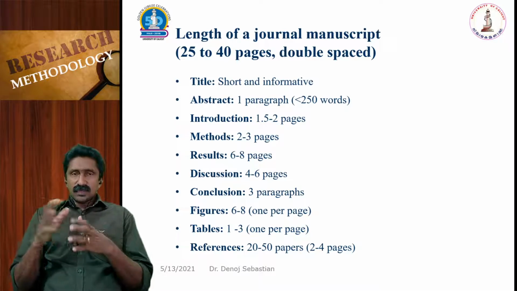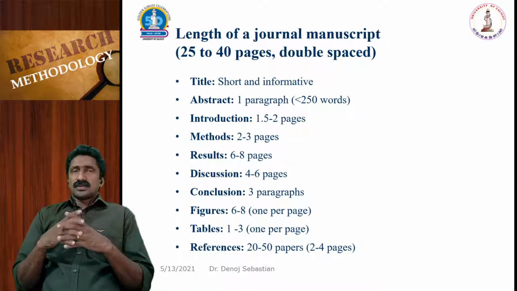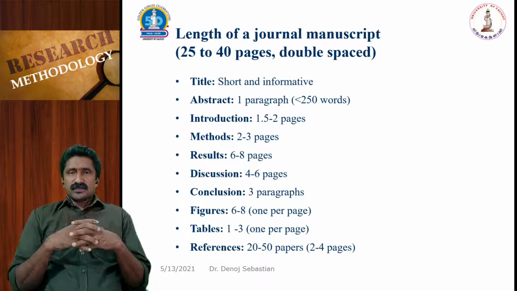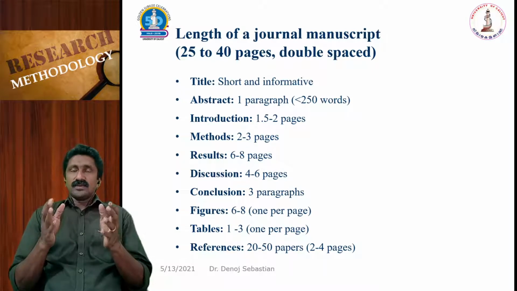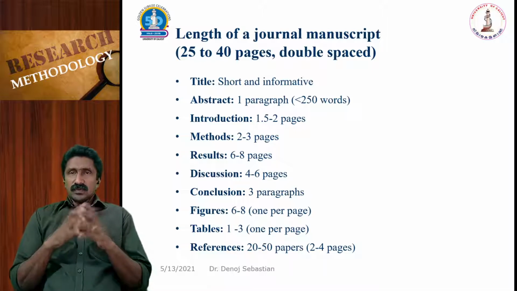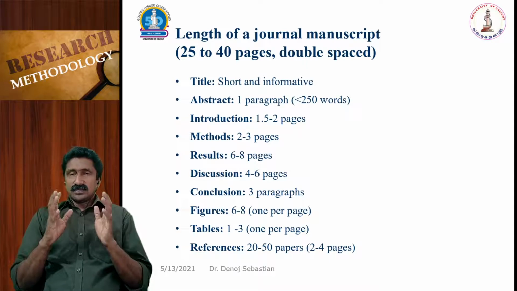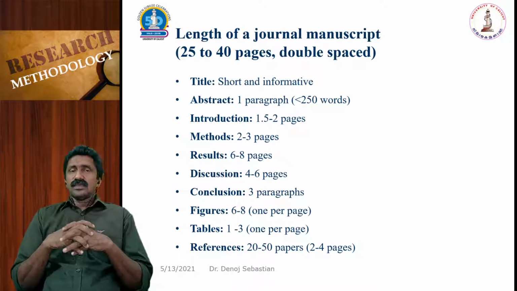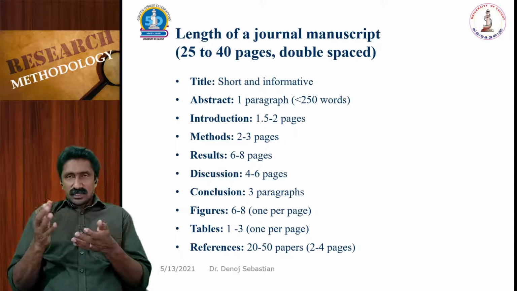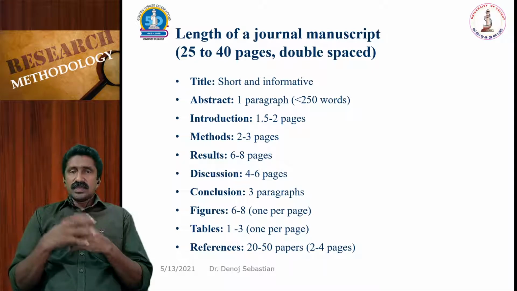There are other types of structured abstracts also, but normally abstracts are 1 paragraph, less than 250 words, and the introduction is about 1.5 to 2 pages of double-spaced page layout, and the methods will be again 2 to 3 pages. Results about 6 to 8 pages.